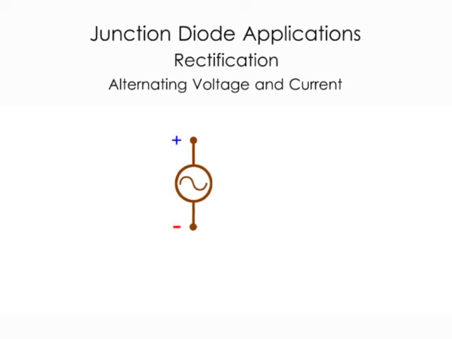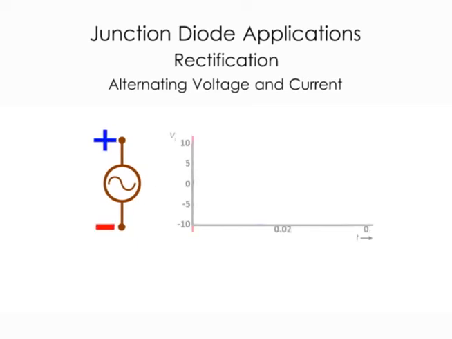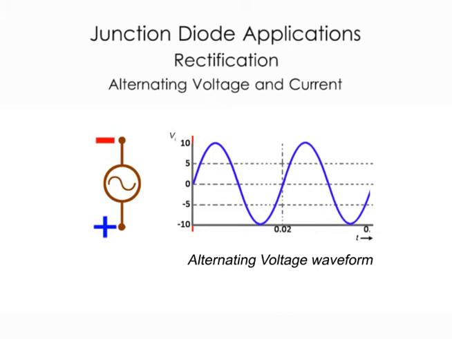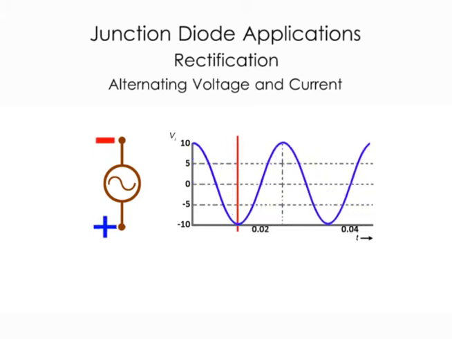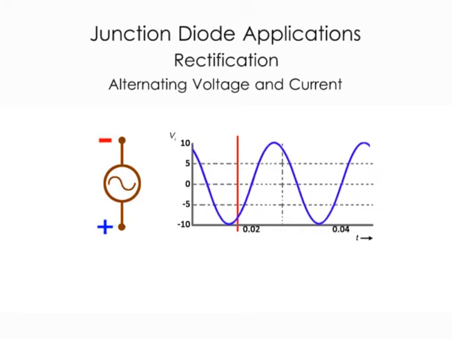If we plot a waveform of an alternating voltage against time, we will see that the wave is sinusoidal in nature. This shows that voltage increases in one direction until it achieves a maximum positive amplitude. It then decreases to zero and then changes its polarity until it reaches a negative maximum amplitude and then reduces back to zero.